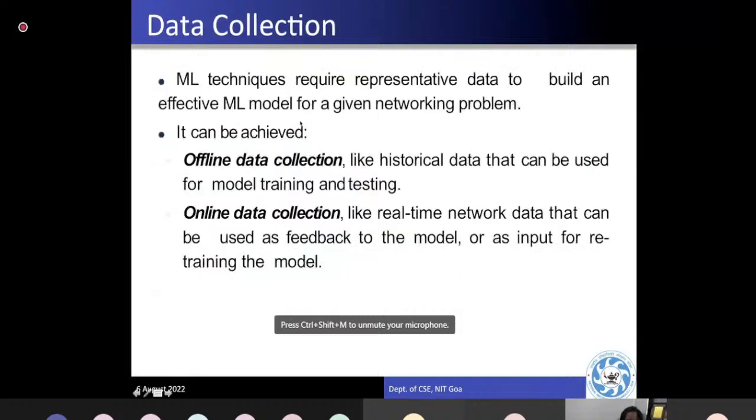For data collection, ML techniques require representative data, and deep learning needs a huge amount of data. If you need precision in the prediction, and you need it to be as close as possible, you need a sufficient amount of data. That's the important point.